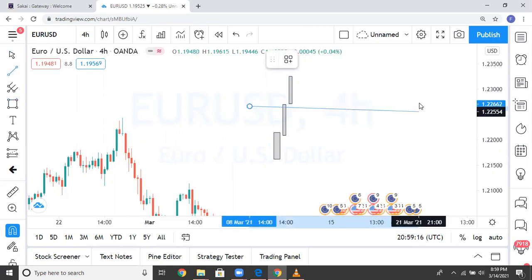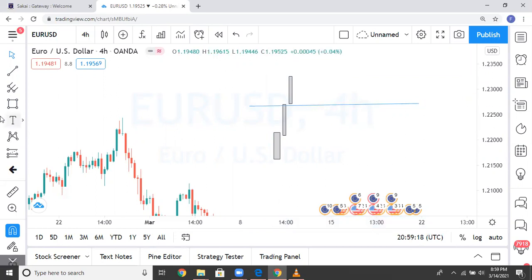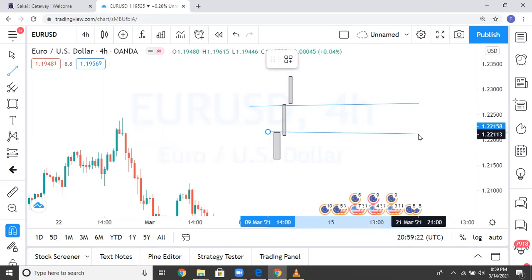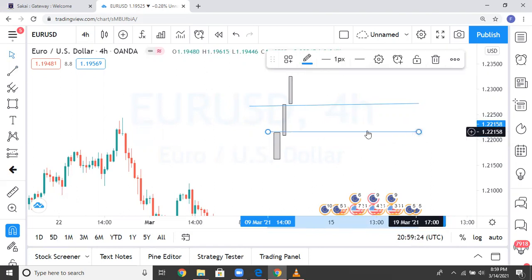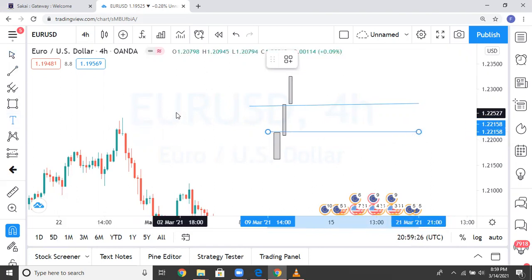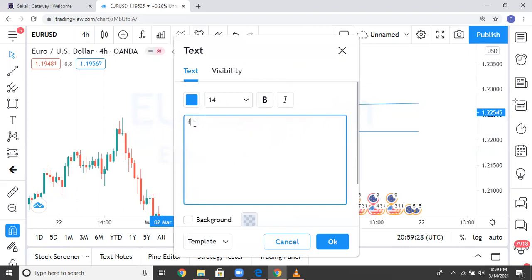So from here to here, that's what we call fair value gap.